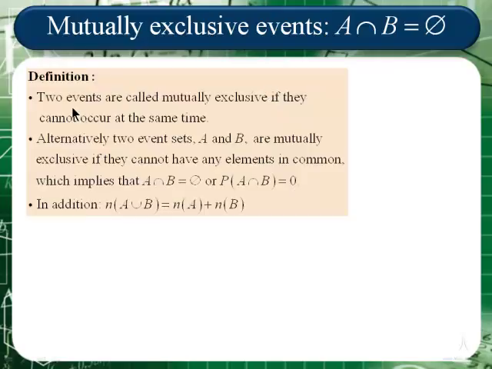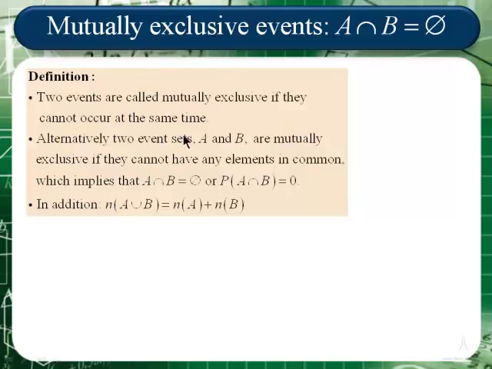Let us focus on mutually exclusive events, or events for which their intersection is equal to the empty set. Now here we have a definition, and we have some description of the mutually exclusive events.